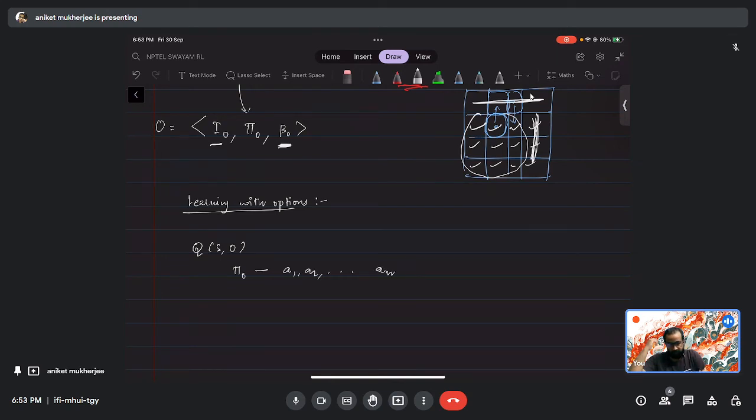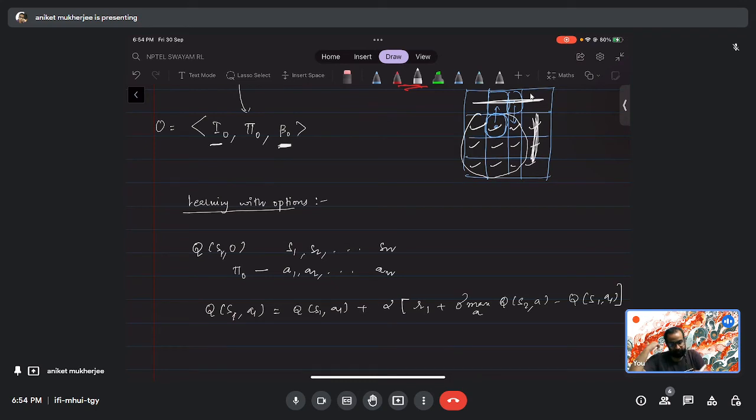Because of this, you have states S1, S2, and so on to Sn. So now I can update Q of S1 comma A1 as Q of S1 comma A1 plus alpha into R1 plus gamma max Q of S2 comma A minus Q of S1 comma A1.